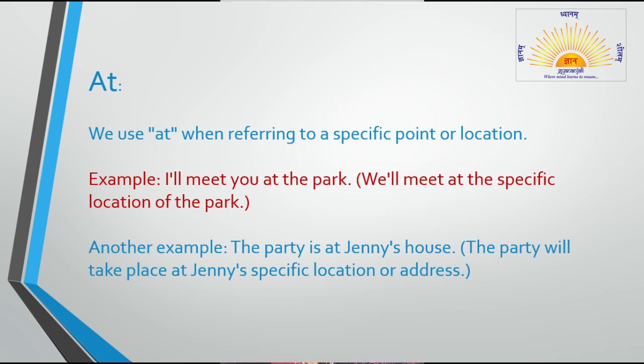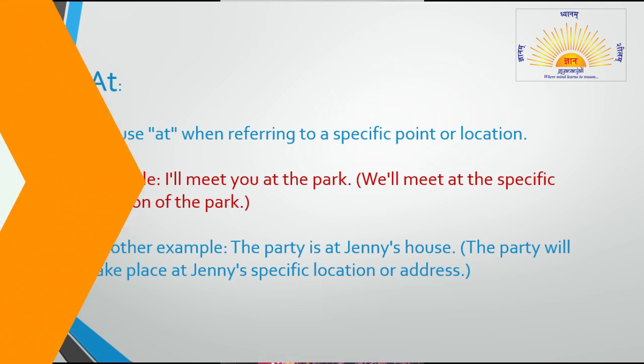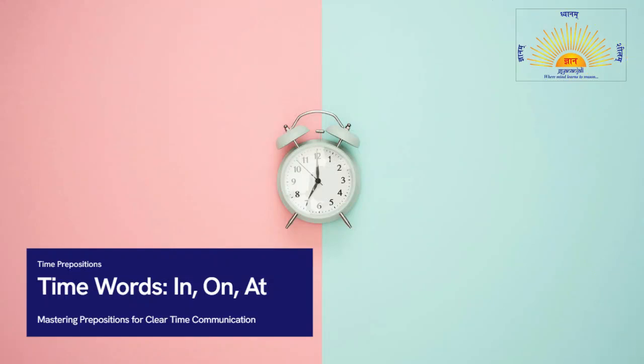Now, we will be understanding all the three prepositions in relation to time. Earlier we have learnt about in, on and at as prepositions of place. Now we are going to understand all the three prepositions, in, on and at, as prepositions of time. So when to use in?